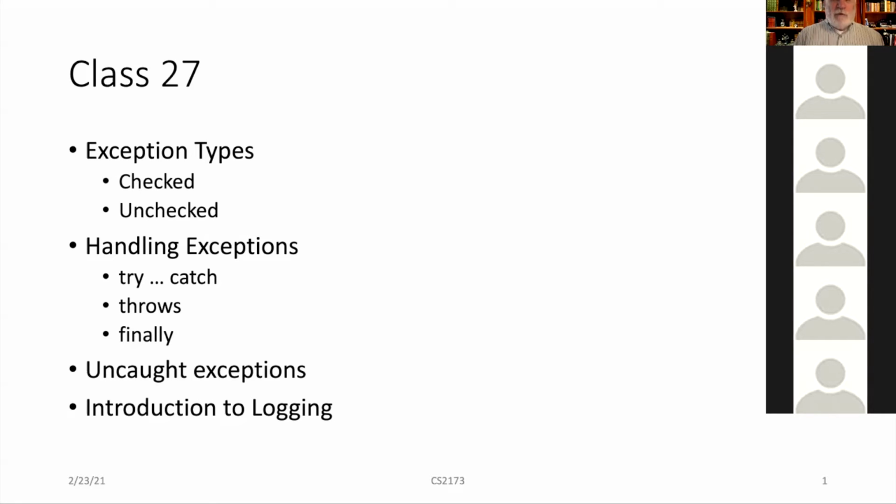What happens if we don't catch exceptions? You've all seen examples of that, and then after we do that, I'll show you what logging is about. And logging is really the right way to use what you may have been doing, using print line statements for.